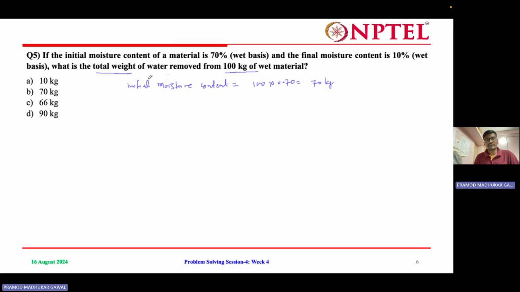So the moisture content is given on a weight basis, and the dry weight is 100 minus 70, which is 30 kg. Since the final moisture content is 10% on a weight basis, this means 10% of the final weight is the final weight of water.